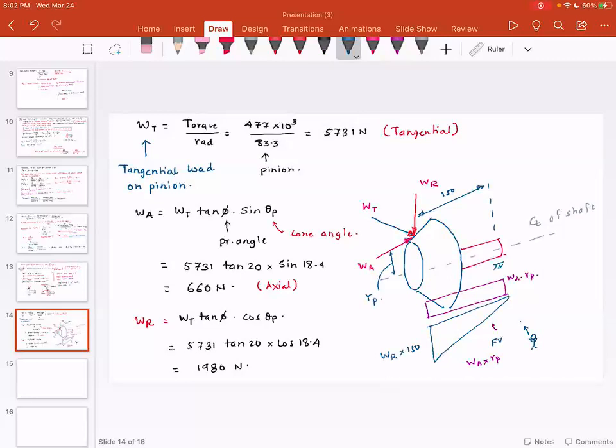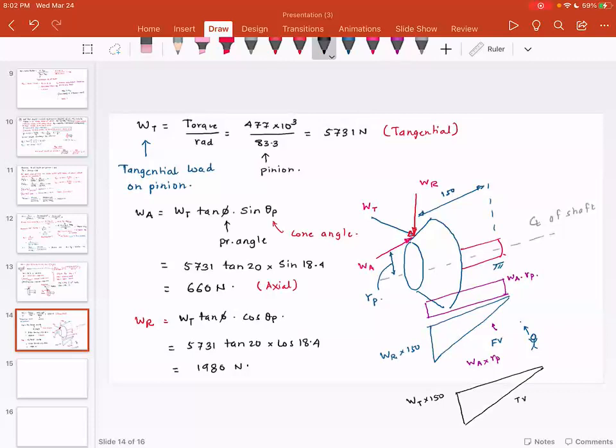And if you were to look at the top view, the bending moment is going to be WT multiplied by 150. That will be the bending moment in the top view.